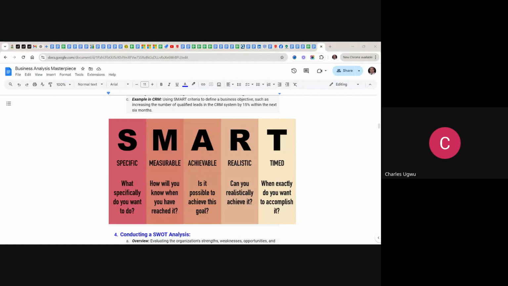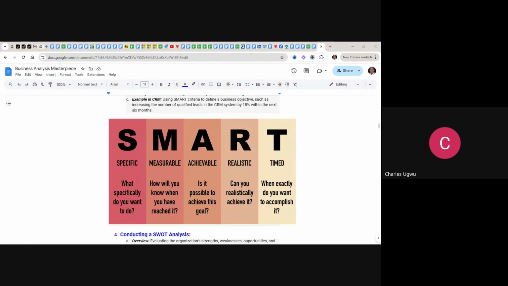Is it achievable? You must know if it is achievable. If you are a good project manager and do the budgeting, you should know that the money is not enough, meaning that it's not achievable.